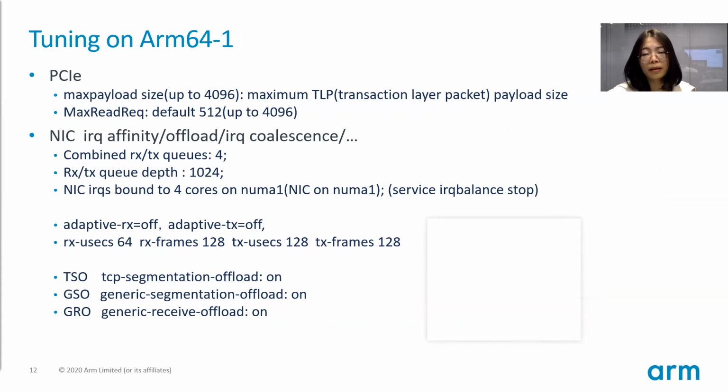It's up to the manufacturer to set a maximum PCIe packet payload size supported by the PCIe devices. The max payload size limits the payload size when a PCIe device sends a packet, and max read request size limits the maximum bytes that one read request can read.